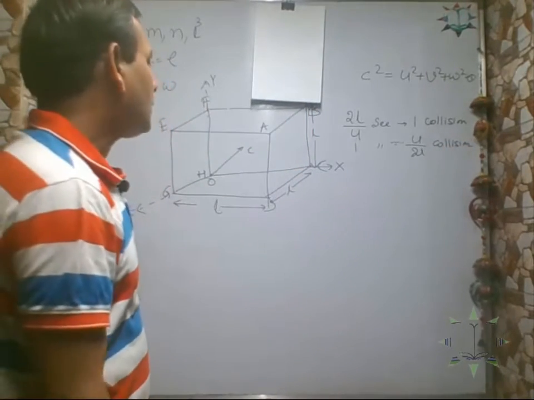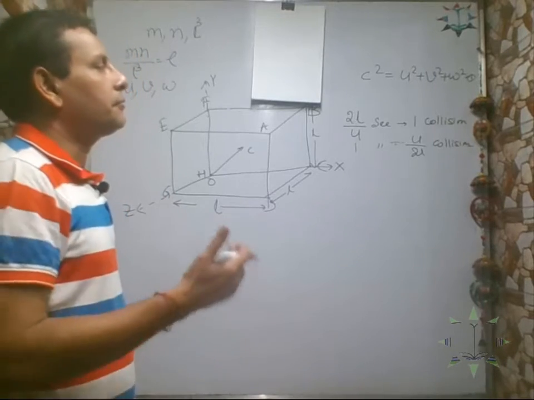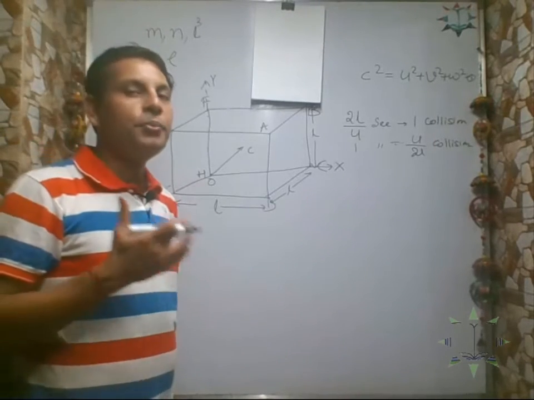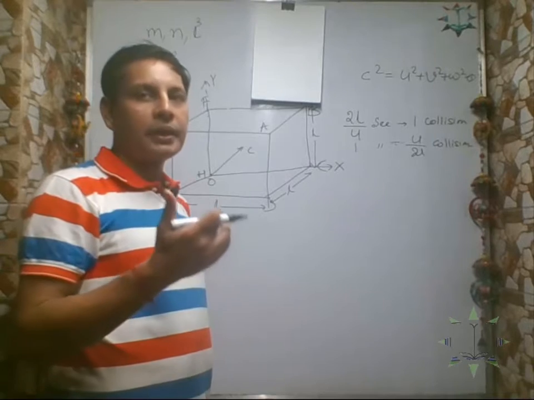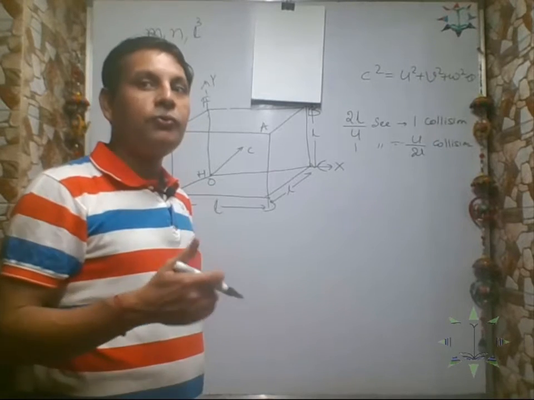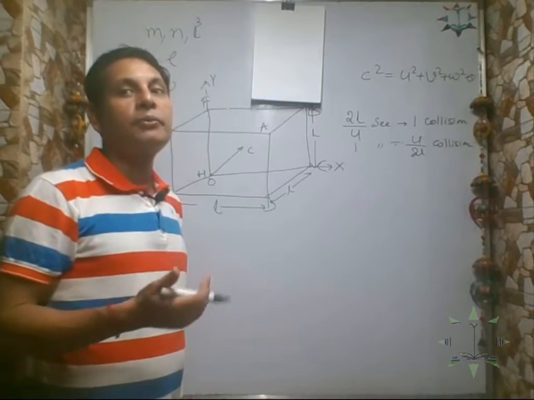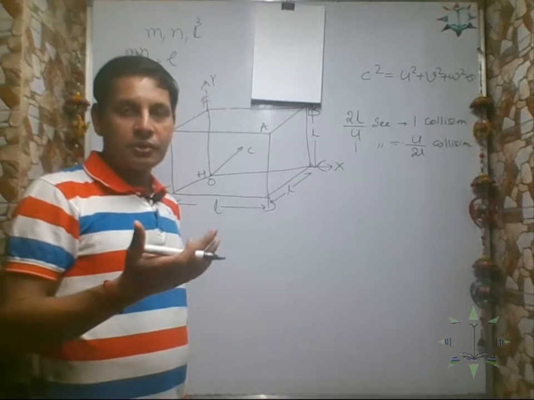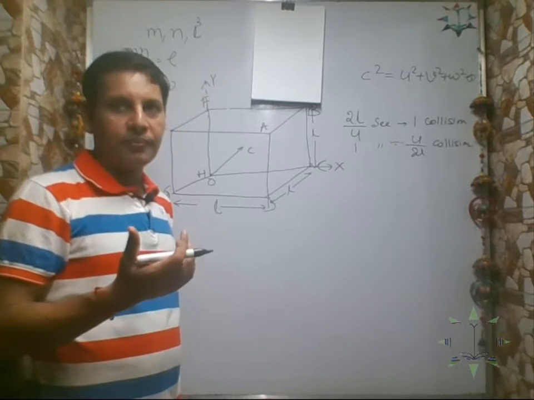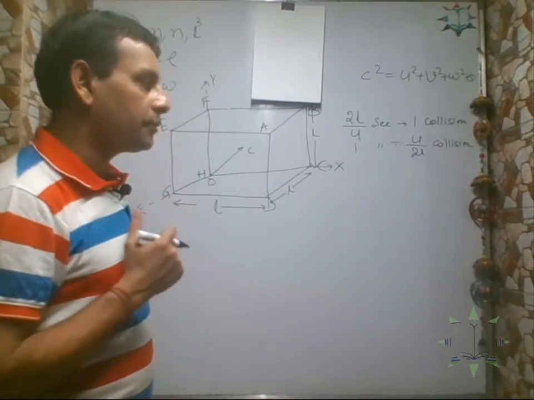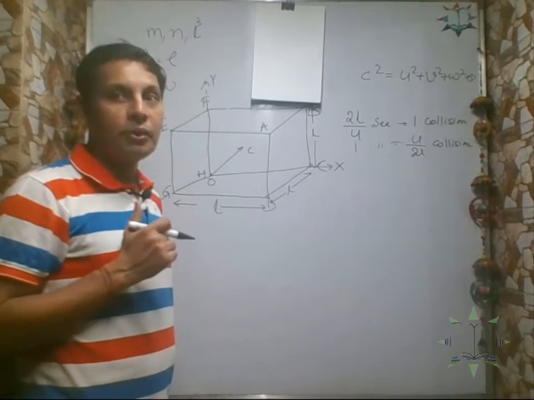Now we are interested in finding pressure. How will pressure come? Pressure can come from force. How will force come? Force can come from momentum. Rate of change of momentum is force. So we are interested in finding the rate of change of momentum.